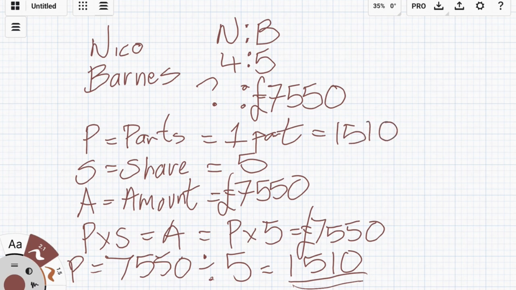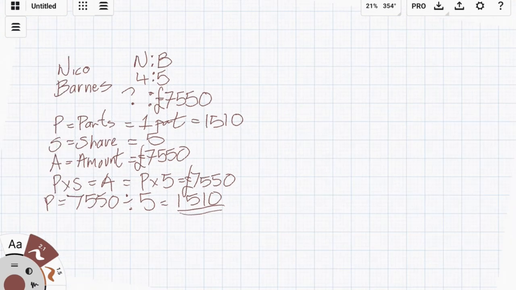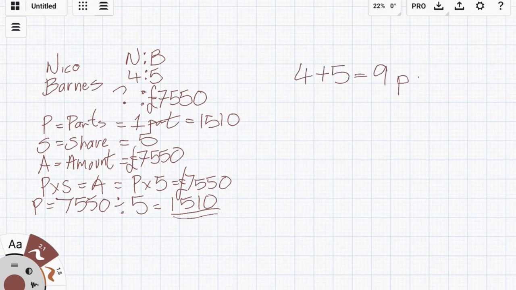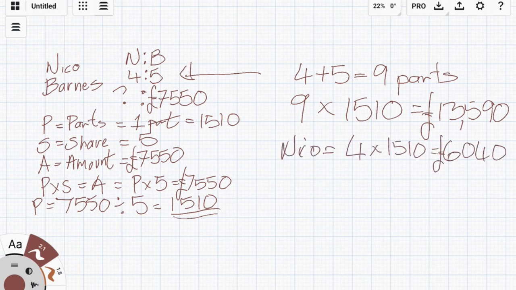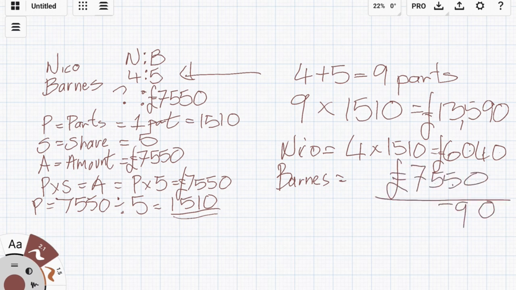P equals 7,550 divided by 5 equals 1,510 equals 1 part. 9P equals 9 by 1,510 equals £13,590, the total budget. So Nico gets 4 by 1,510 equals £6,040, to Barnes's £7,550, which as we said totals £13,590.